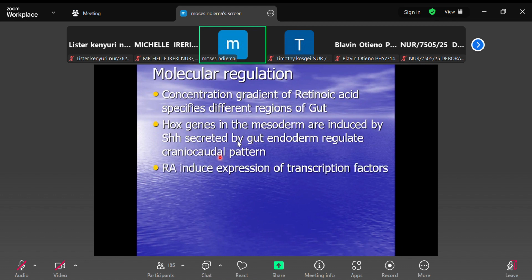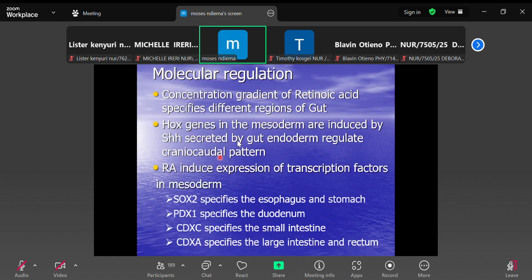Now, the retinoic acid induced expression of transcription factors in the mesoderm. Those mesodermal factors also will have some influence on the actual development of the epithelium. So these are some of the areas of the Hox genes that are induced.